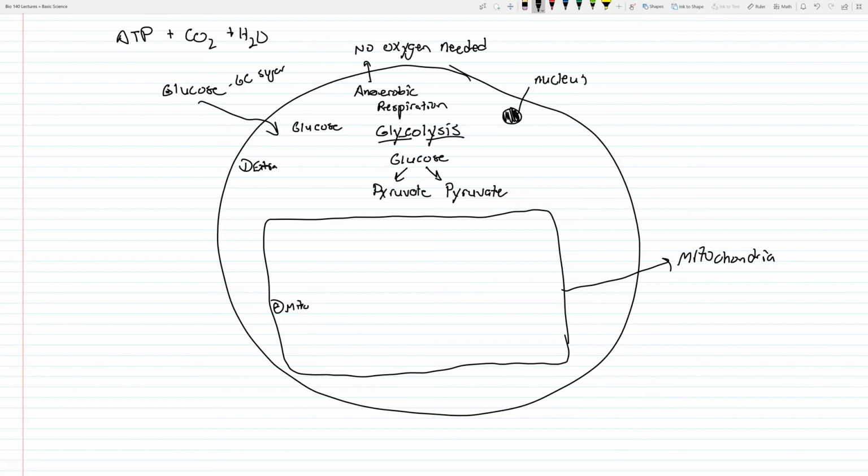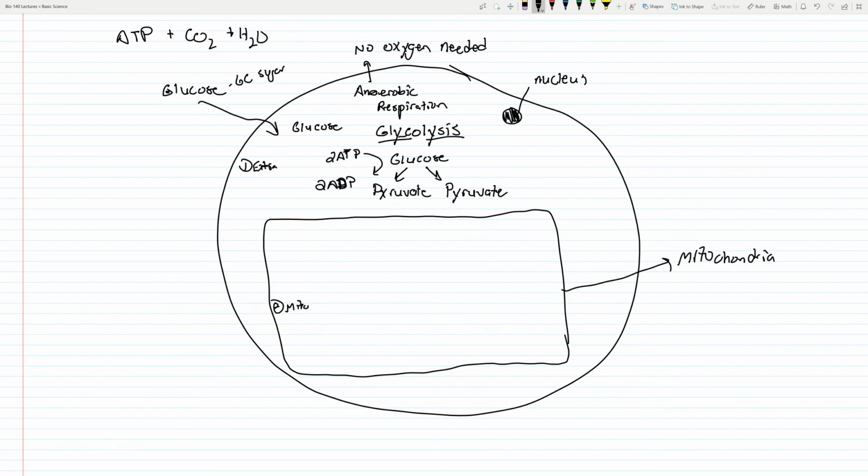So how does this occur? There's a bunch of cellular mechanisms that happen. And what we do is we take 2 ATP and we break them down to 2 ADP to get glycolysis going.